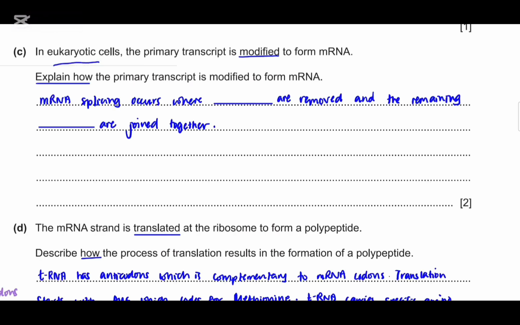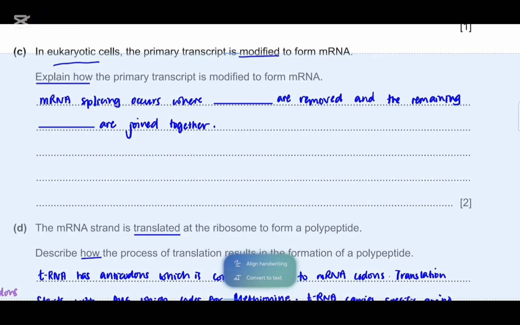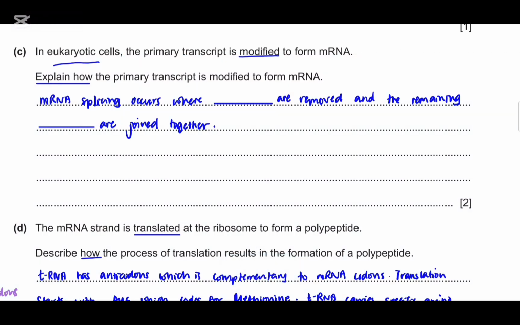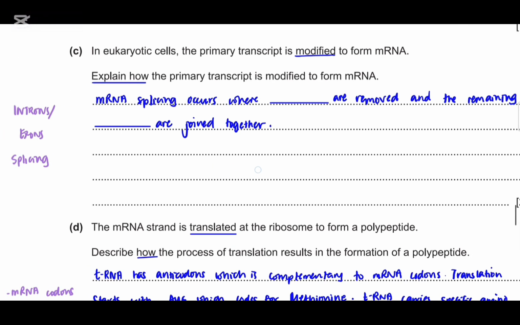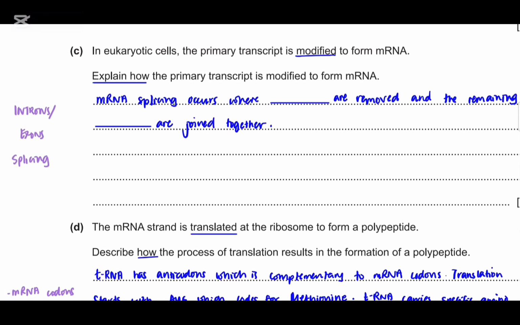Next, in eukaryotic cells, what happens there? In eukaryotic cells, the primary transcript is modified to form mRNA. Explain how the primary transcript is modified to form mRNA. So this is under mRNA modifications, the different ways of how the mRNA is going to be spliced, meaning it's going to be cut.